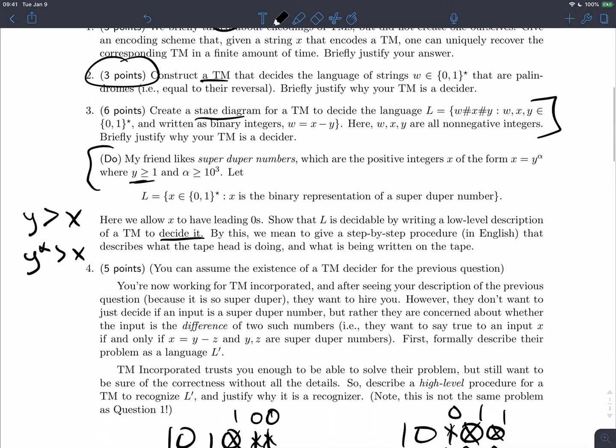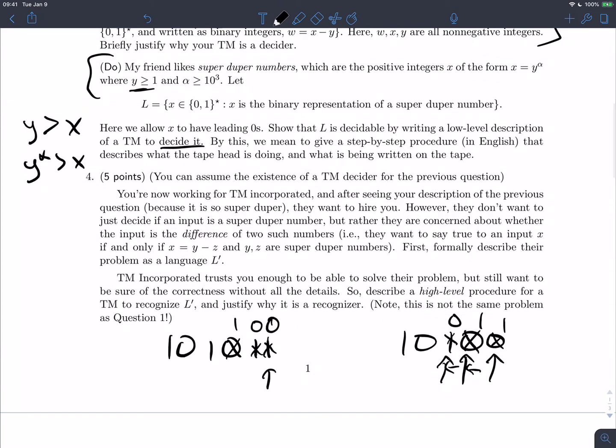But here's a thing you might want to think about. Suppose we did have that situation where we had a giant number of ones in a row, and we had some other stuff over here, and then we add one to the number, so we have 1, 0, 0, 0, and then we shifted everything else right to there.